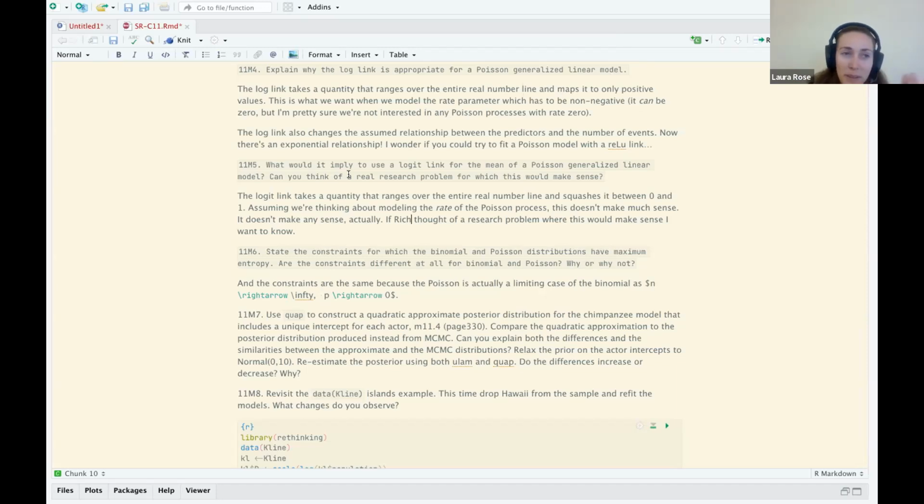That's what I was thinking about with the logit link, essentially logistic regression, right? But I don't know. I probably need to go back and reread the book on that one. It wouldn't necessarily be logistic regression because you would still be using the Poisson to model the outcome.